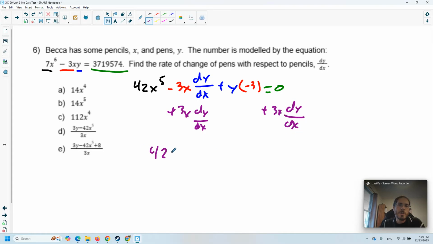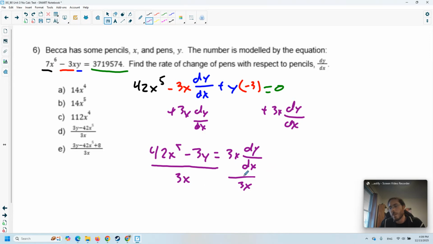So we get 42x to the fifth minus 3y equals 3x dy dx. We can divide both sides by 3x, because that's the next step, is to GCF. It's just 3x. Then we divide to get dy dx by itself. And so we have our final answer.